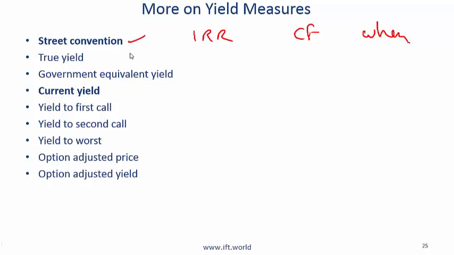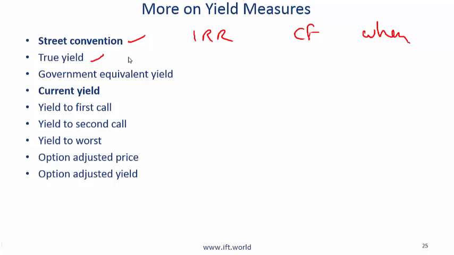When we talk about the street convention, it ignores the fact that money is not paid on weekends and holidays. It just assumes that the payment is made on whatever the scheduled date is. The true yield calculates the yield assuming that the payment is made on the appropriate day.